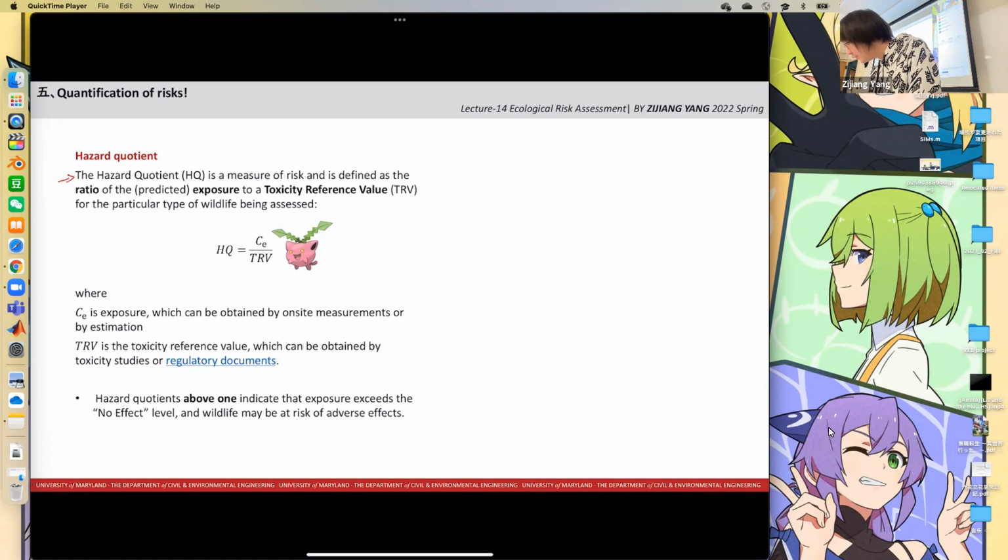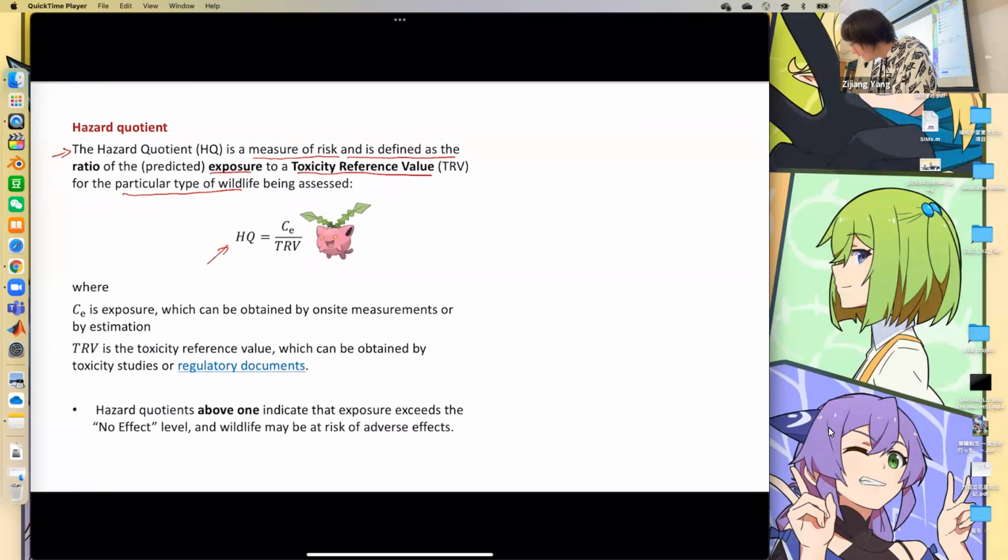The hazard quotient, HQ, is a measure of risk and is defined as the ratio of the exposure, which could be a predicted exposure, to a TRV, the toxicity reference value for the particular type of wildlife being assessed. So HQ is the exposure concentration of the chemical in the environment divided by the TRV.